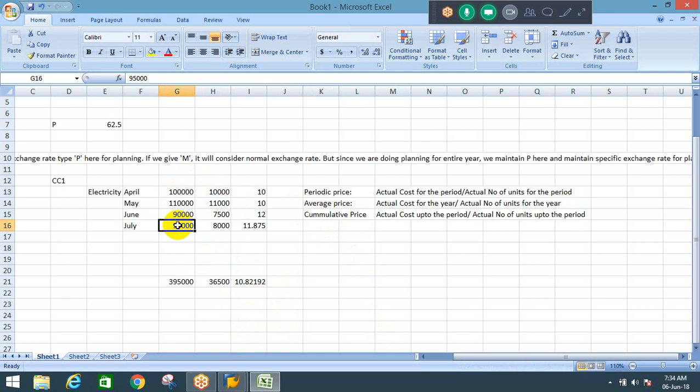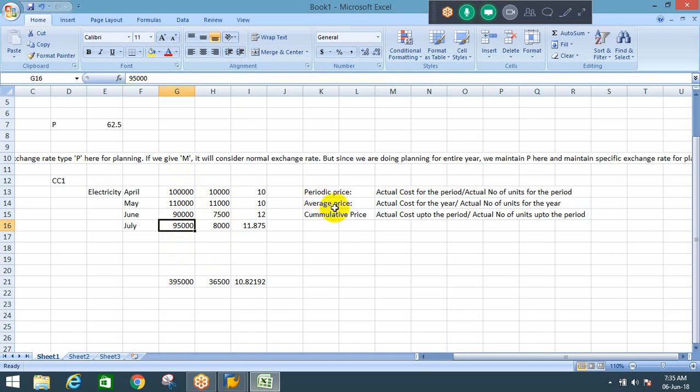Suppose we are in July: April, May, June, July, 4 months cost divided by 4 months number of units. If you are in November, then up to November: April, May, June, July, August, September, October, November.